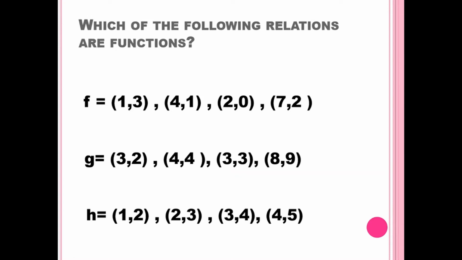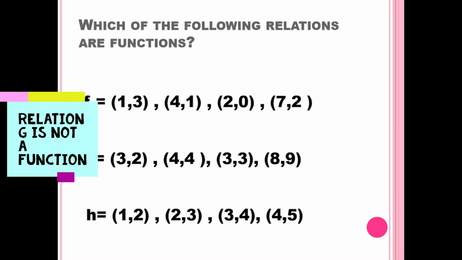The hint says that to determine whether the relation is a function or not is by simply looking if each first element is used only once in a given set. But here, the number 3 is being used twice. Therefore, this relation is not a function. Is that clear?